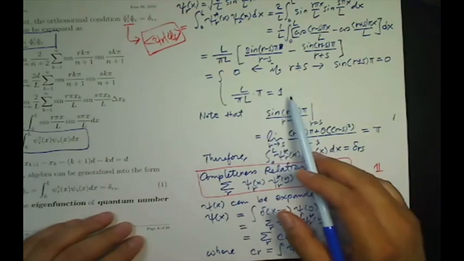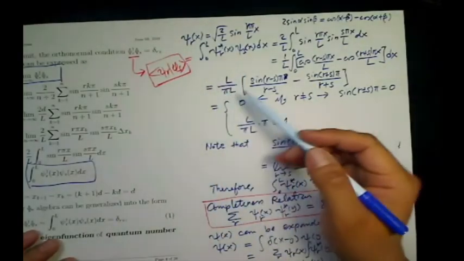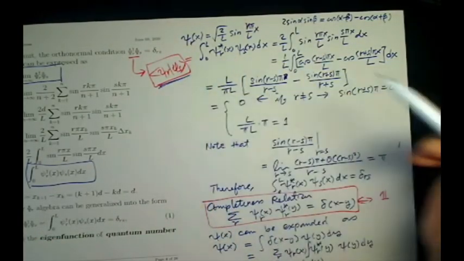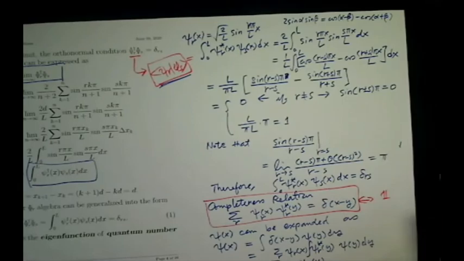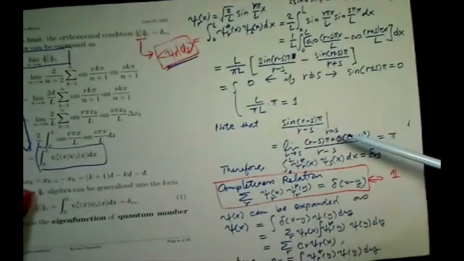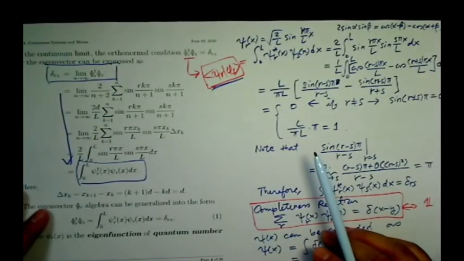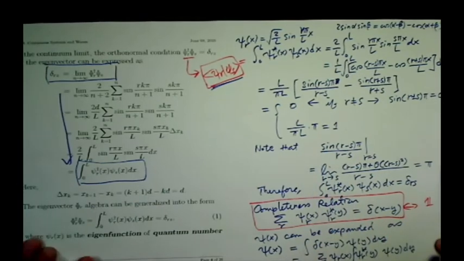Therefore, it is 1 for r equals s. That means the scalar product of two eigenfunctions satisfies the scalar product of two eigenvectors for finite discrete cases.